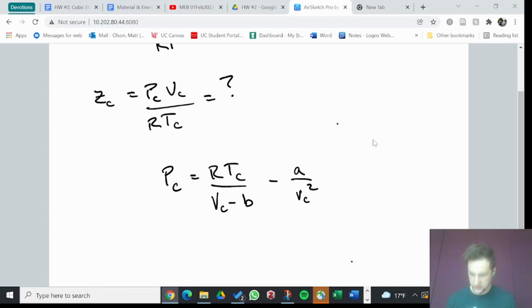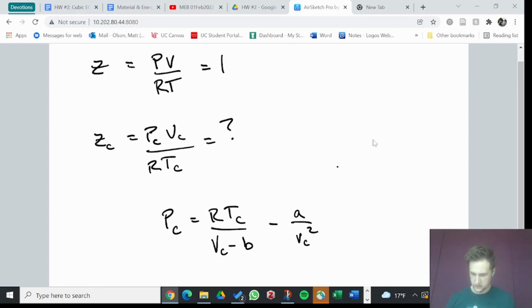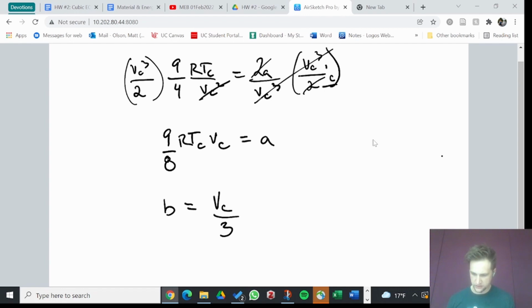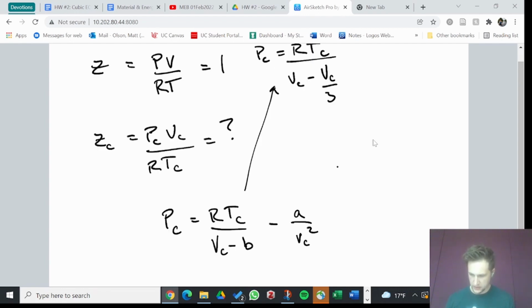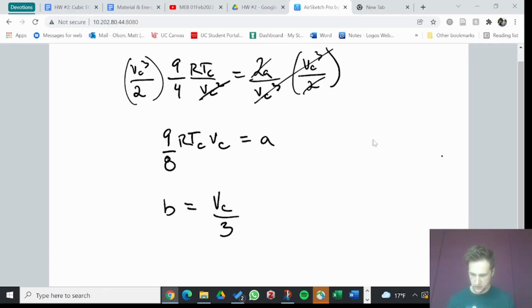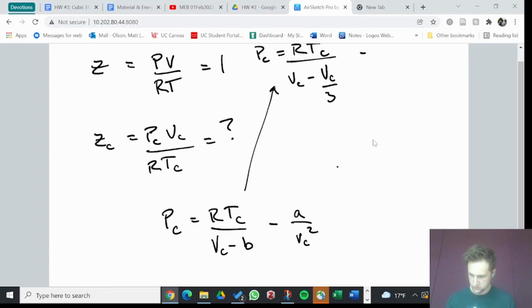Let's go ahead and plug in here, make sure we can see it. Let's bring this up here. So this is going to be equal to, when we bring in our B, remember B was VC divided by 3, and our A is 9/8 RTC VC, over, and then again times VC squared.